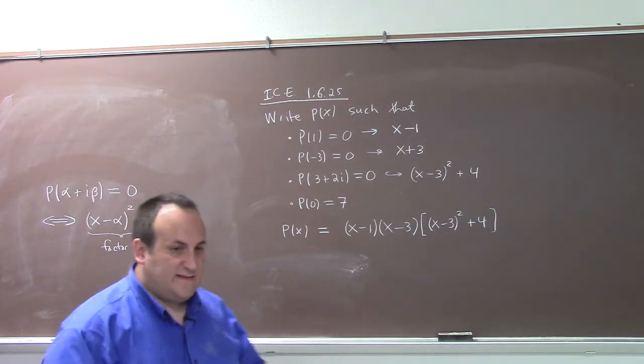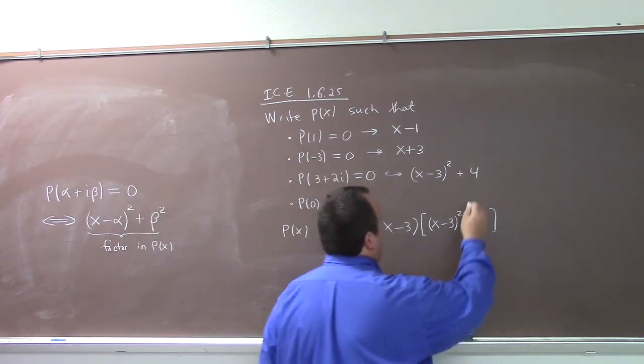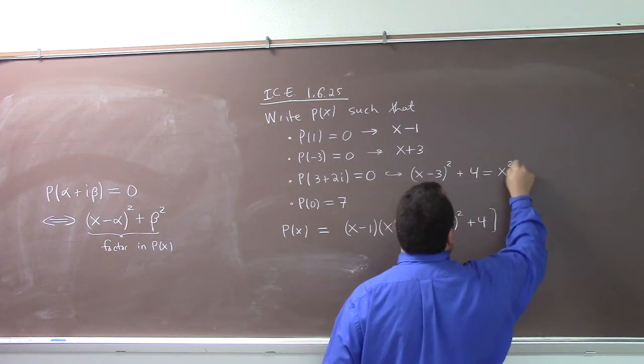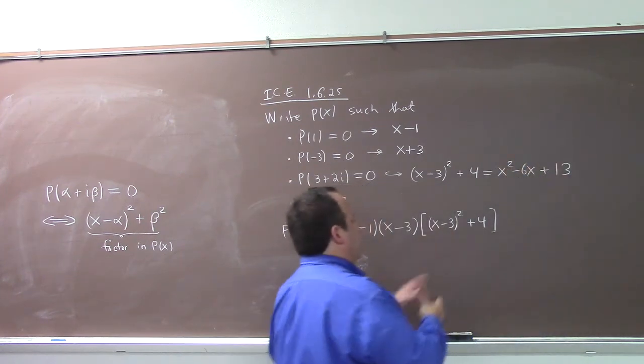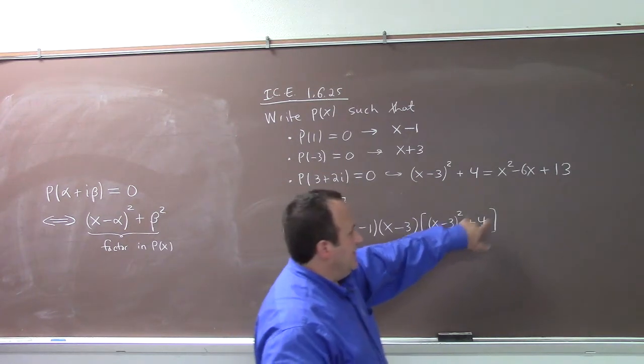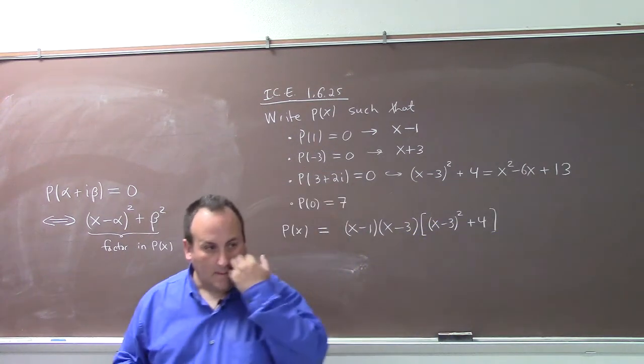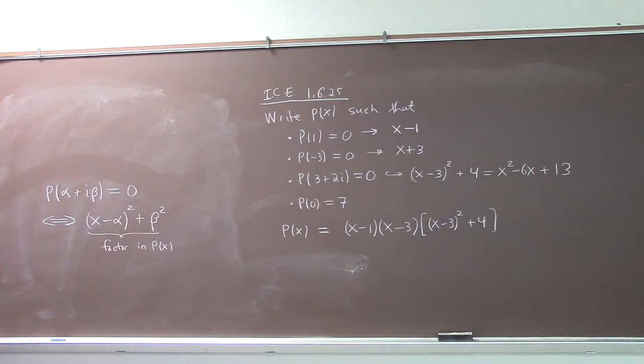In some sense, that's to be preferred to the multiplied out version. Why? Why is this, in some sense, better than that? What's better about the completed square version of that quadratic factor?